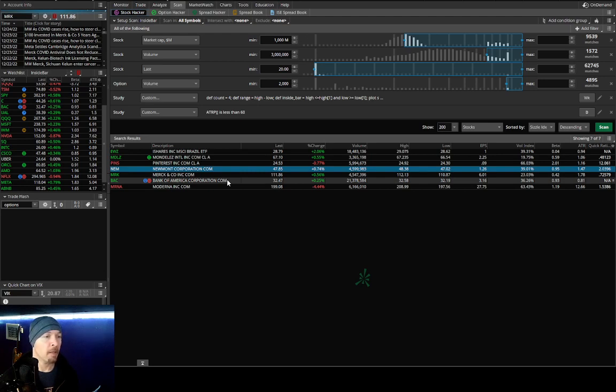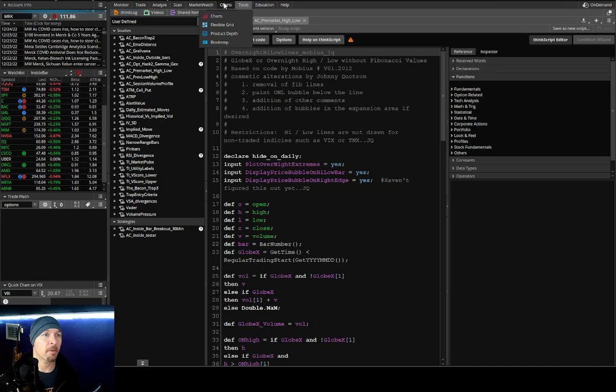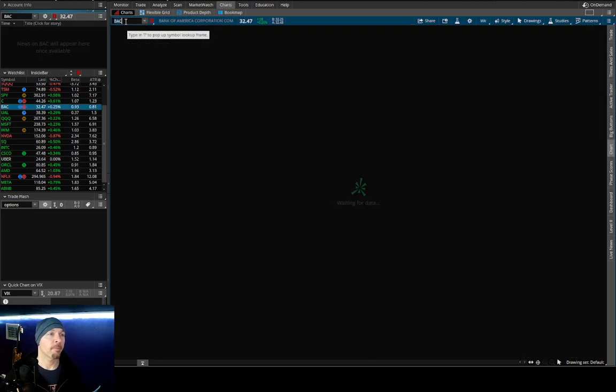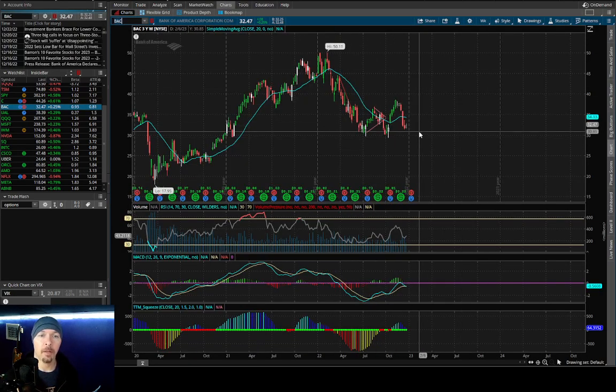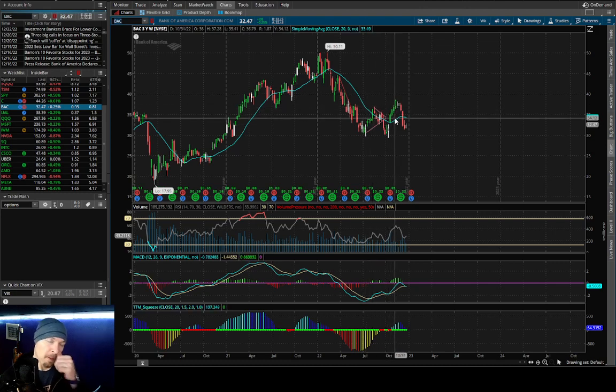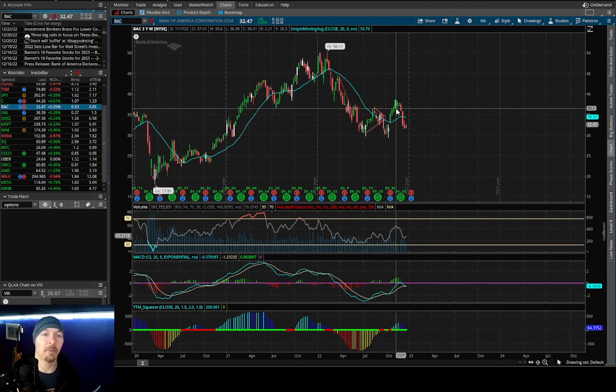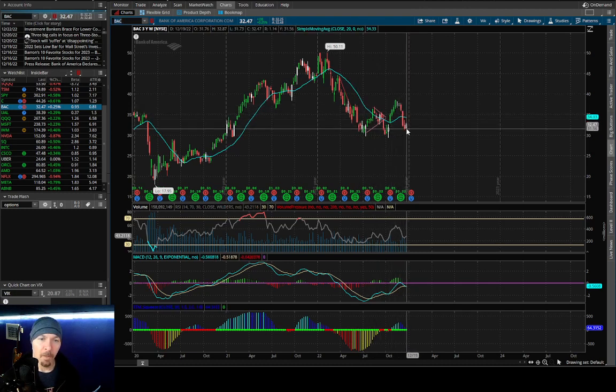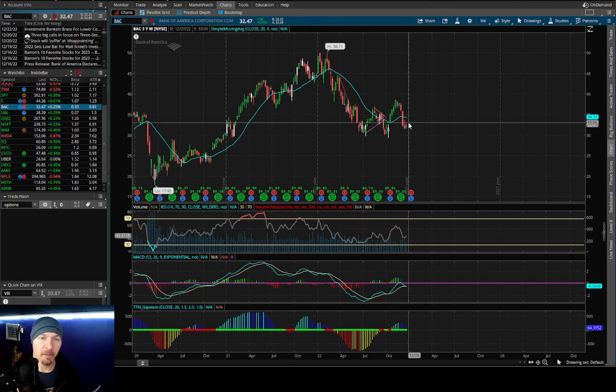Bank of America, I think we saw them earlier. And on the weekly, I'm not going to use either of the terms that I'm used to calling this, but I think we're coming down, and it looks like really the wicks here on the weekly are pushing down.